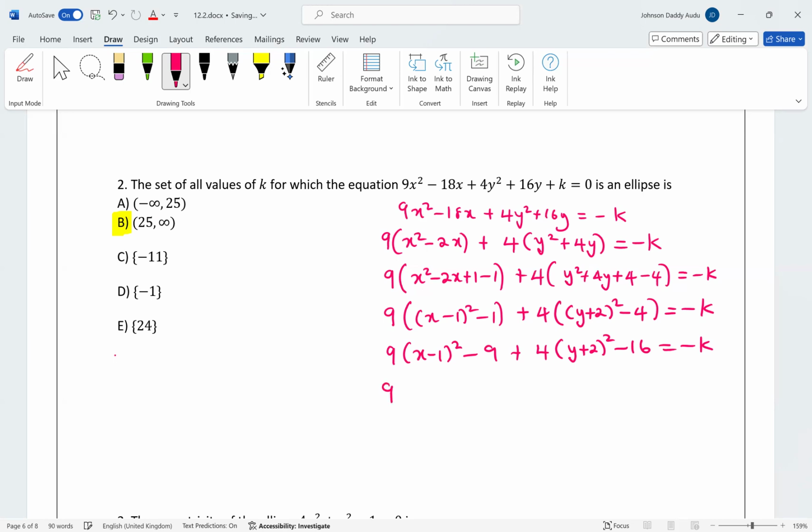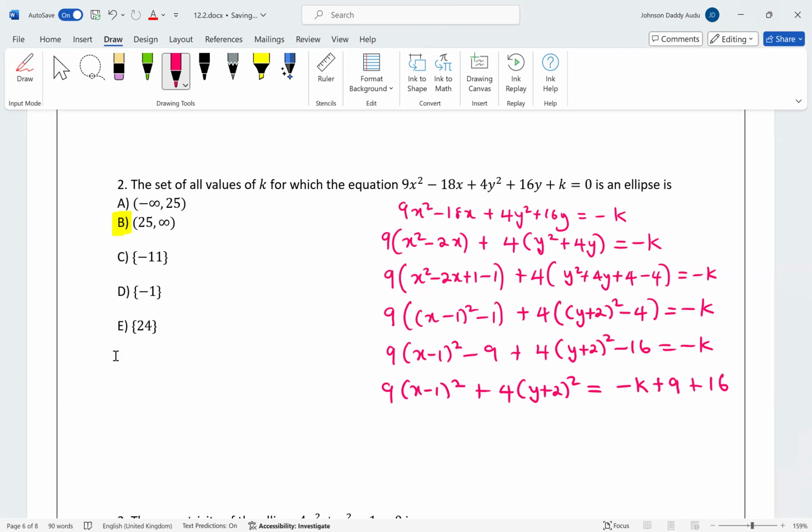Now you will have 9 times x minus 1 squared plus 4 times y plus 2 squared equals minus k plus 9 plus 16.